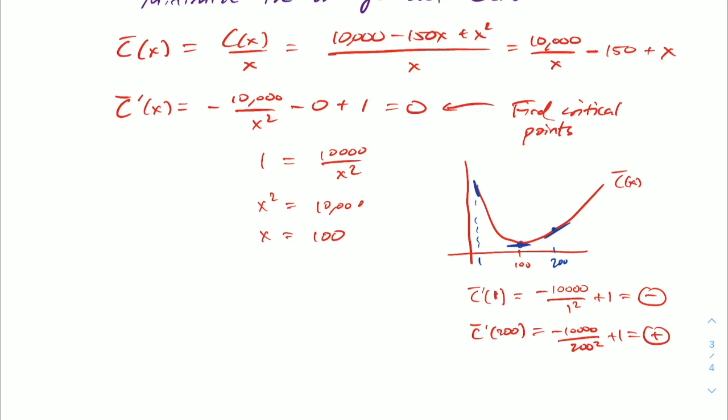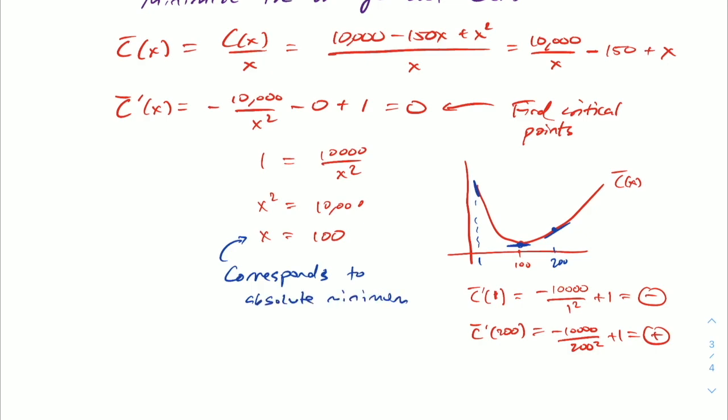And it's also an absolute min because the function always has positive slope after 100, and always negative slope before 100. So this x value corresponds to the absolute minimum.